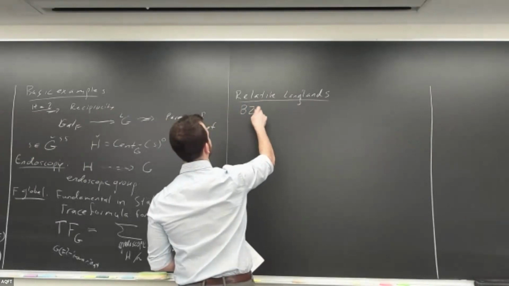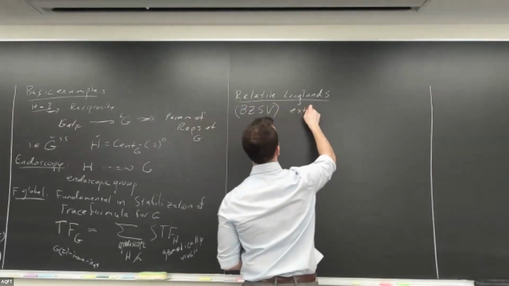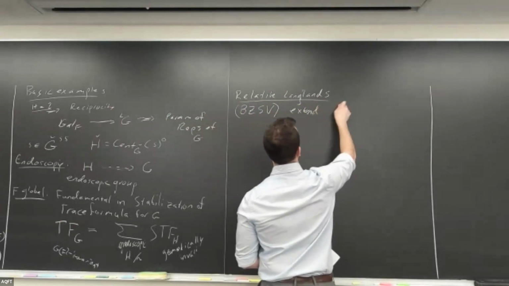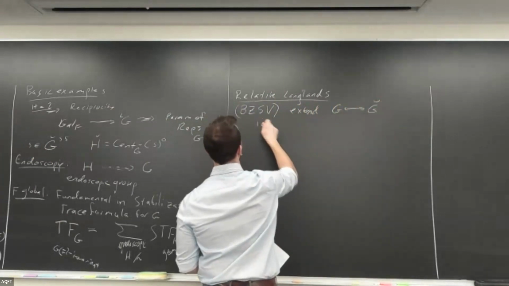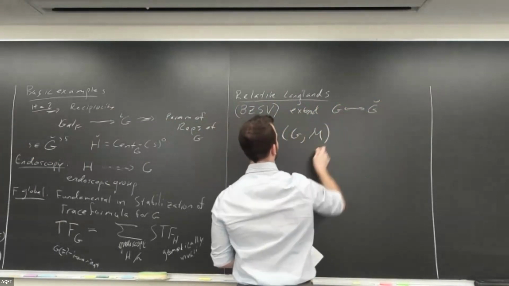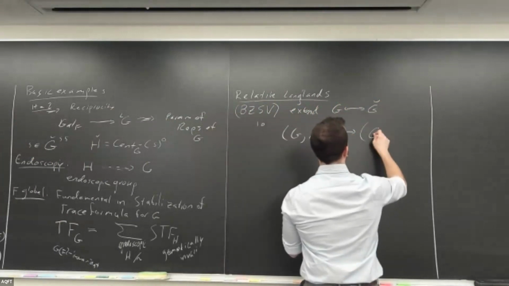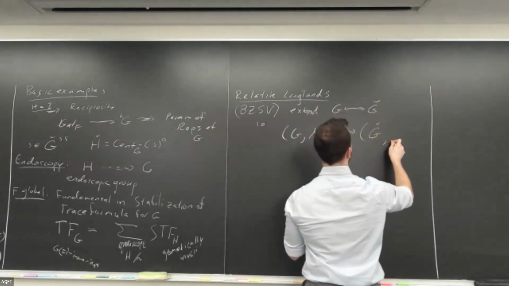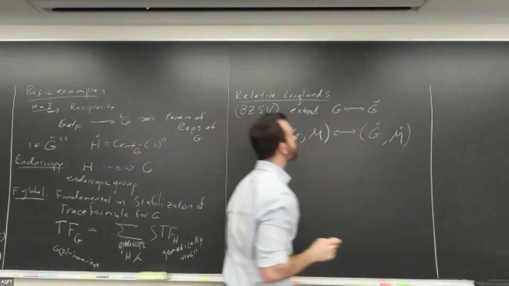Ben-Zvi, Sakellaridis, and Venkatesh extend the duality of groups to a conjectural duality where you take G and a G-variety and associate, dually, a group G check and a G check variety.